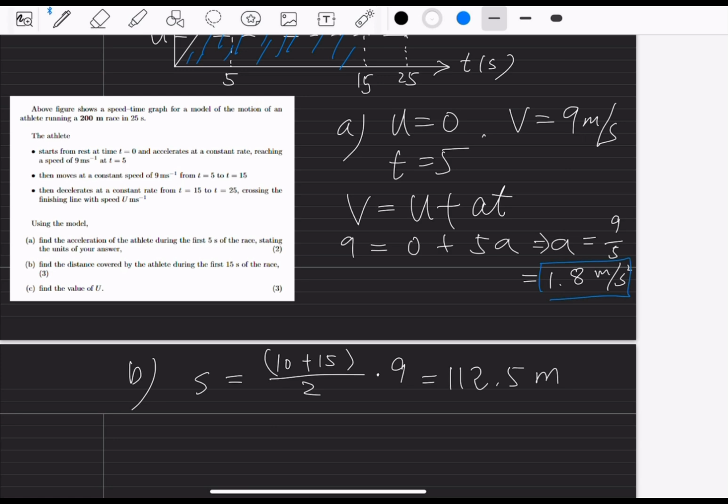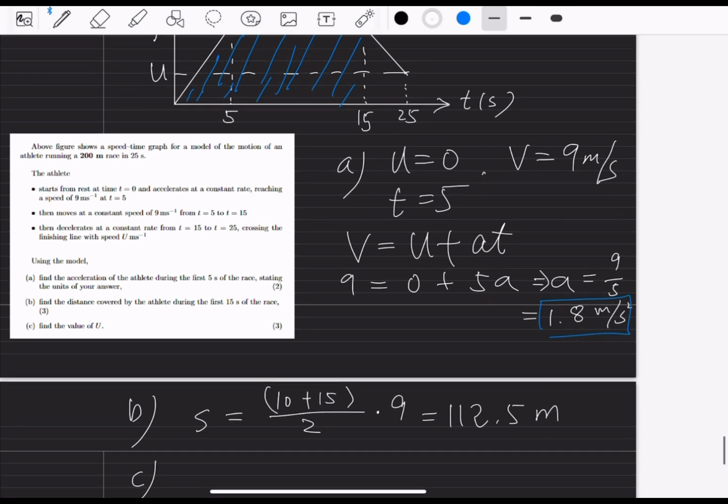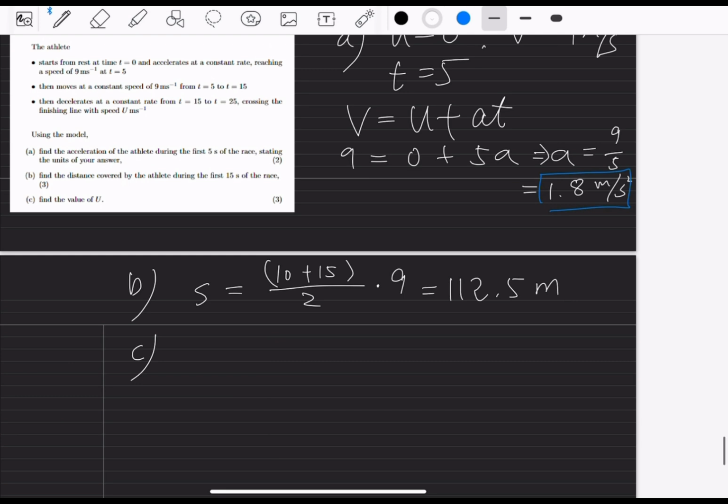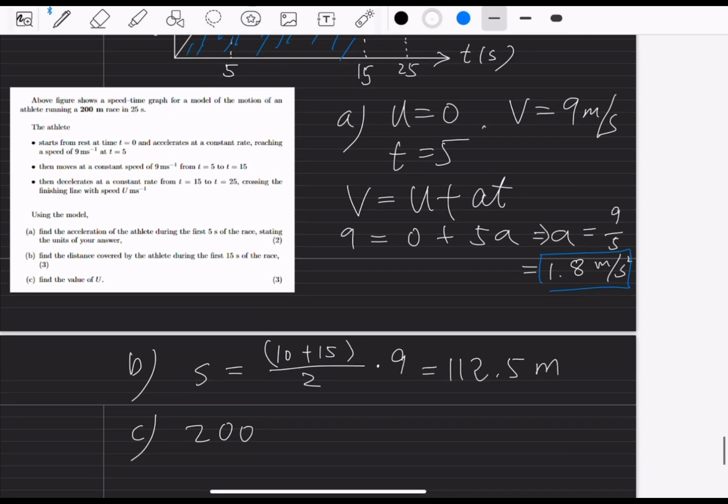Now finally, question C, you need to find the value of u. Remember that in the first 15 seconds, the athlete has covered 112.5 meters, so we need to find the distance left for the athlete to cover. We use 200 meters. If you read the question, you should know this important information, 200 meters.